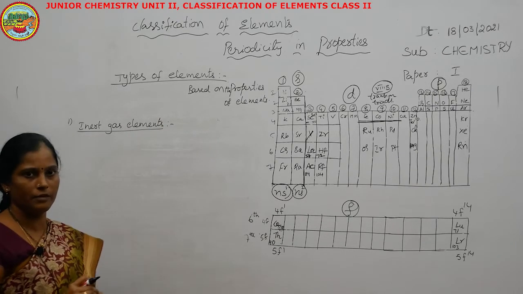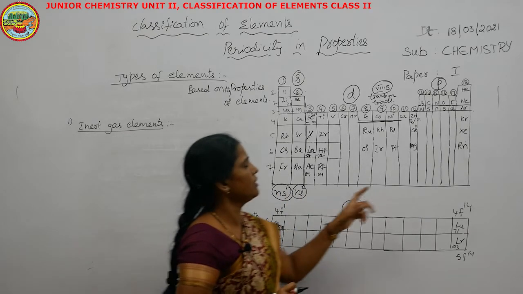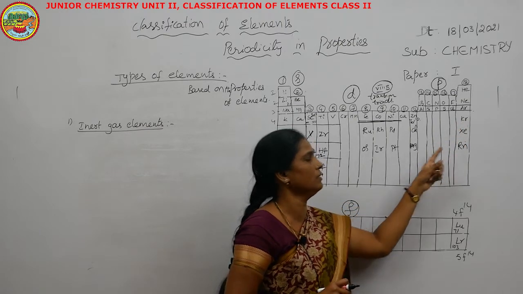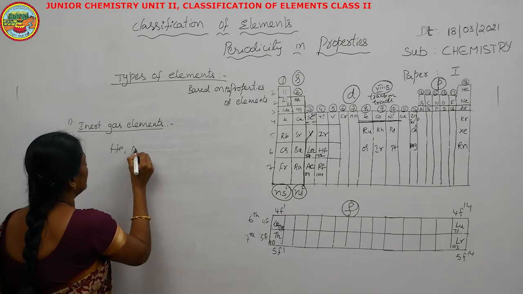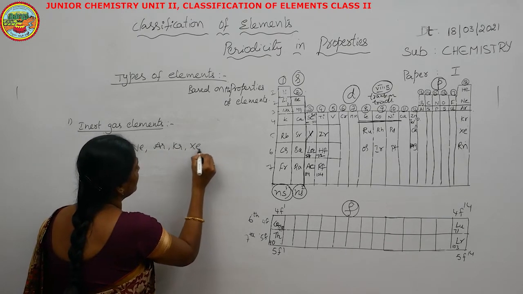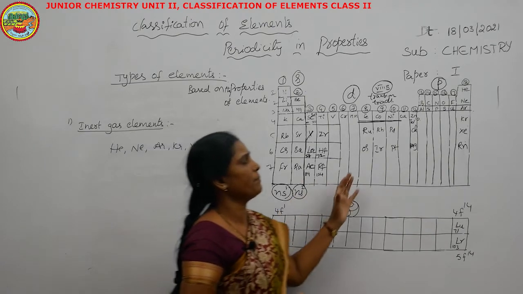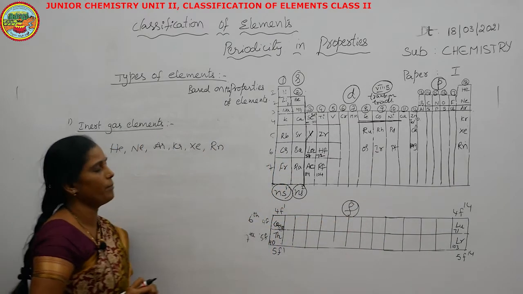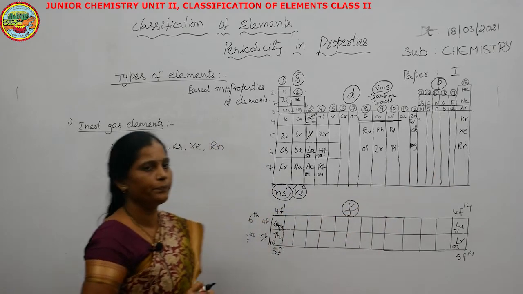Inert gas elements. Yes, we already studied inert gas elements: helium, neon, argon, krypton, xenon, and radon. These are placed in the P block at the end of the periodic table.